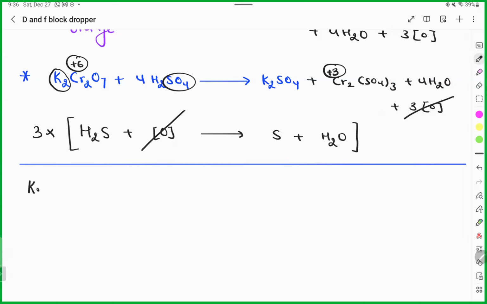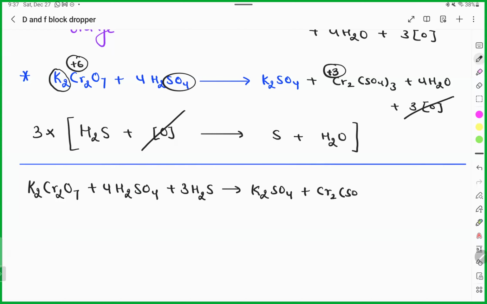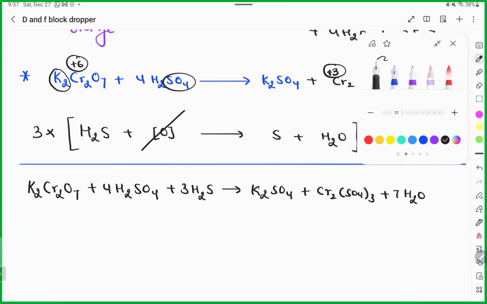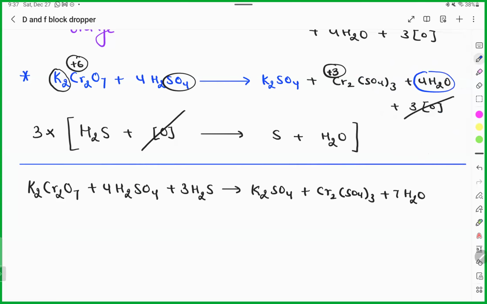If your K₂Cr₂O₇ reacts with 4H2SO4 plus 3H2S, then it converts into K2SO4 plus Cr2(SO4)3 plus 7H2O, because for this H2O and 3H2O will be this, so total 7, correct? And there will be 3 sulfur.